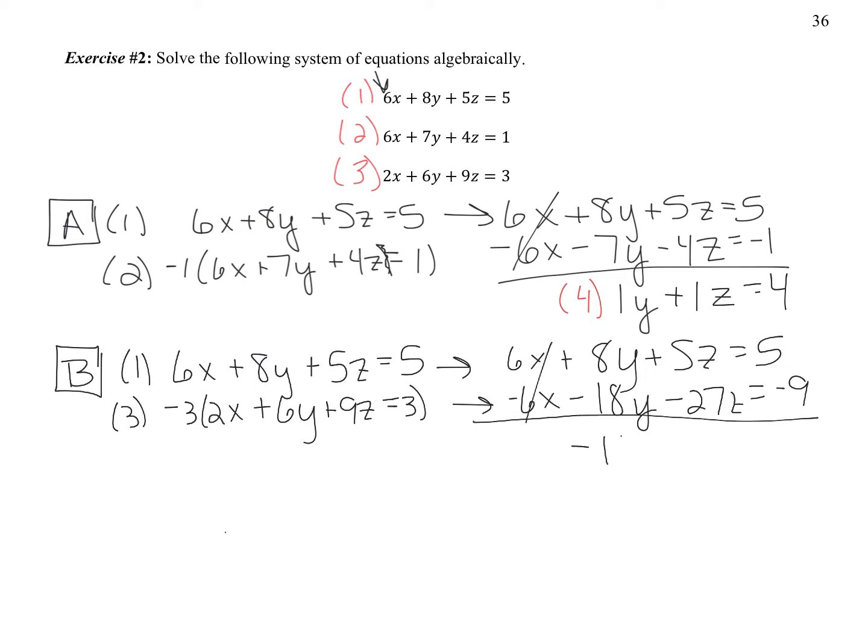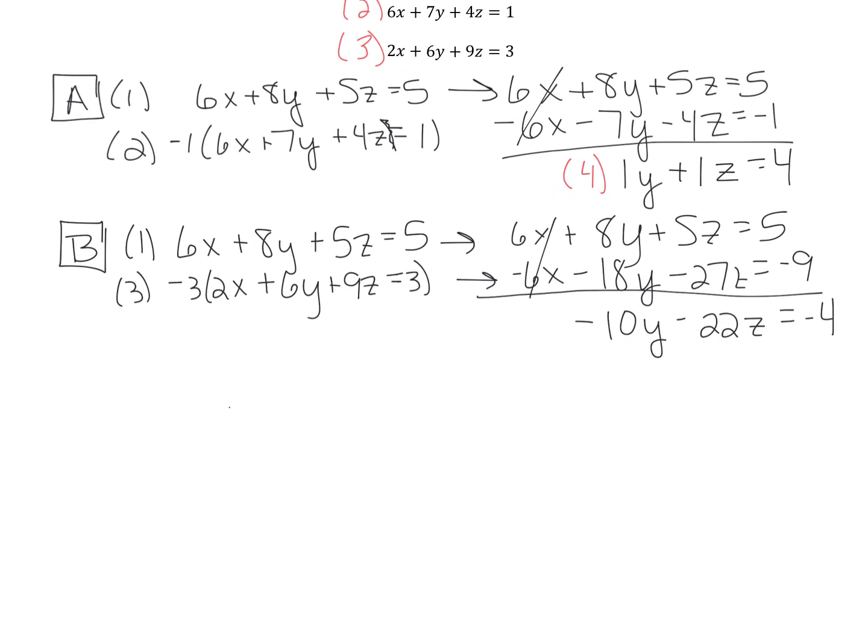So I have -10y minus 22z equals -4. My next step, I am going to combine equations 4 and then also equation 5. So let's do letter C. So 4.